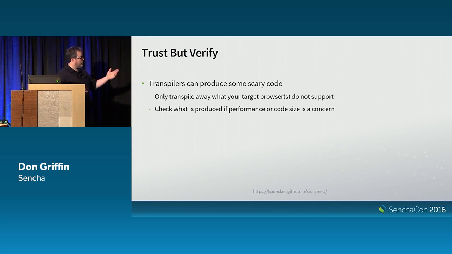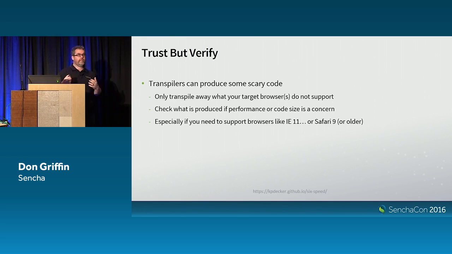It's really critical, of course, if performance or code size is a concern, because the output of the transpiler, while correct, may be disappointing. So that really limits our adoption, but not completely. It just makes us look more carefully at what we're doing based on our target environments. And that's really something you always need to be aware of. What is the target browser, the minimum browser that I need to support? Adjust your transpiling and don't engage more than you really need to.